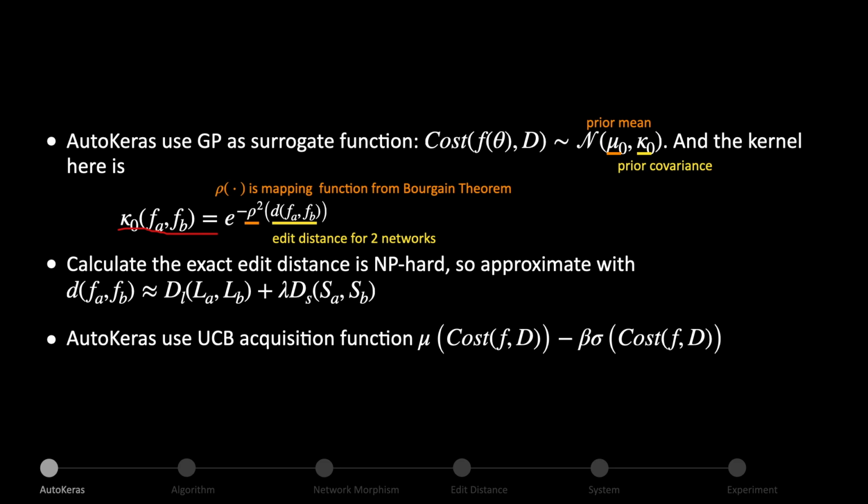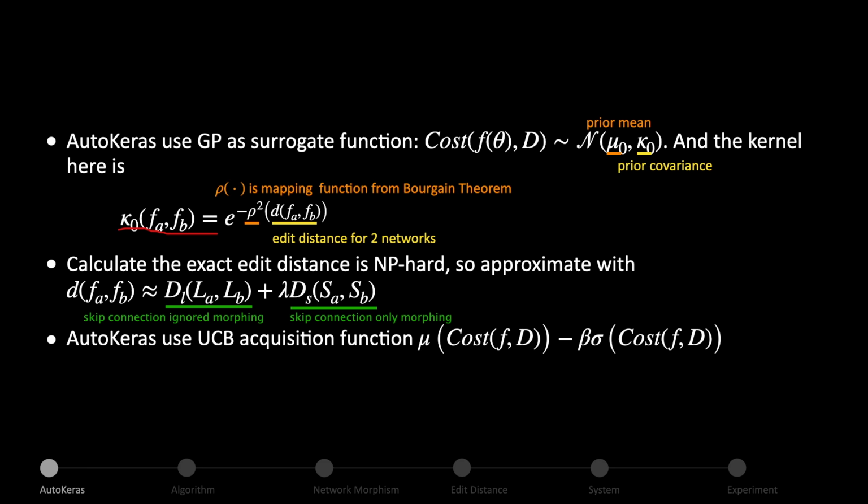We want to calculate the exact edit distance, but it is NP-hard. So we approximate d of FA, FB with two edit distances. One is DL, called the skip-connection-ignore morphing distance, and two is DS, the skip-connection-only morphing distance.